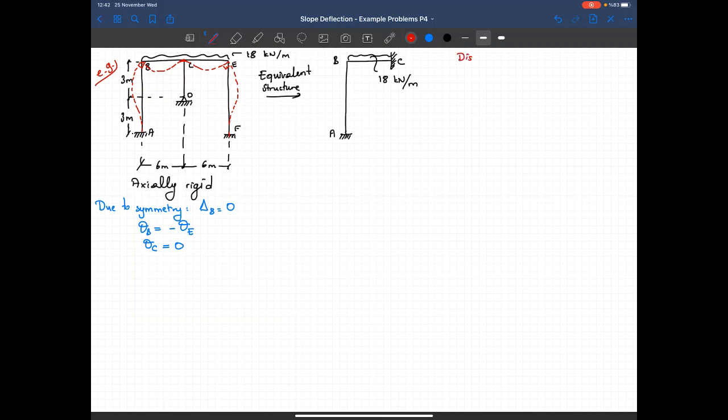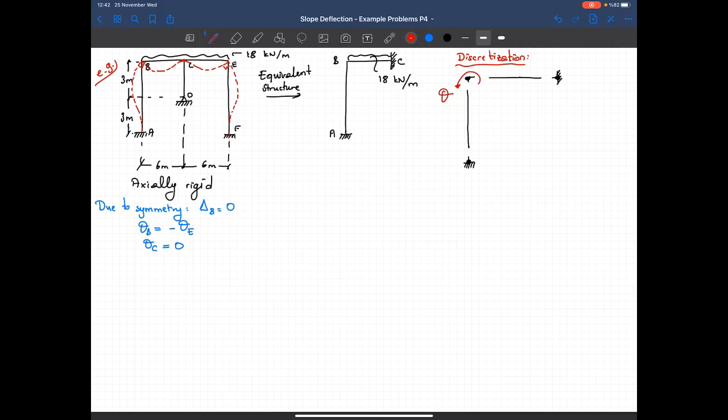Now, let's do the discretization. That's node B, member BC, node C, member BA, and node A. Sorry, we don't show the uniform load in here. Okay. Now the degrees of freedoms.